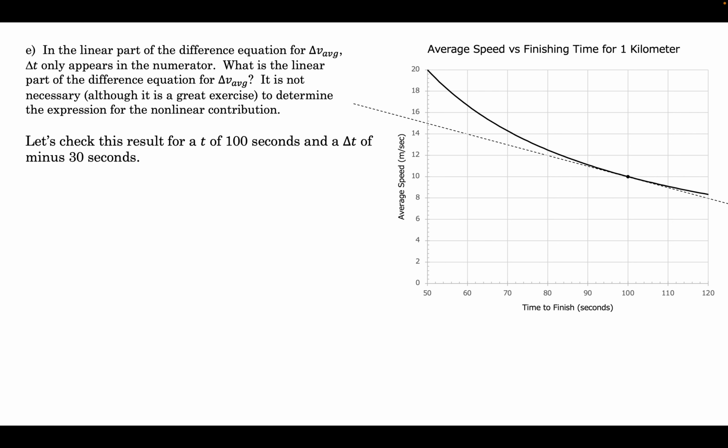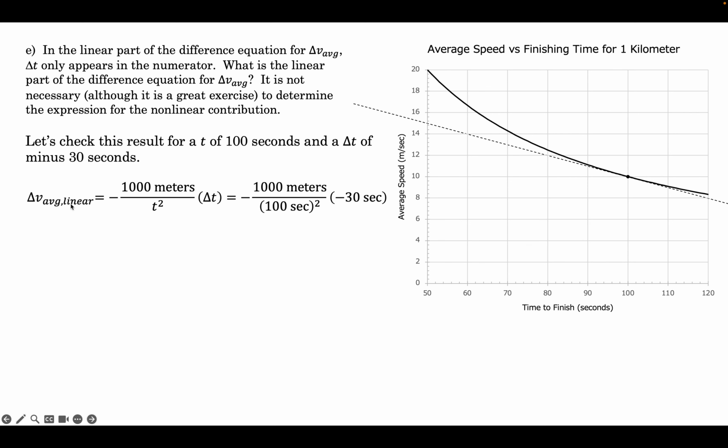Now let's check it. Let's wander far away from that point. So we're at 100. We're going to go way down to 70. So our delta t is minus 30 seconds. We cut 30 seconds off our time. So here is the linear part, plus 3 meters per second.